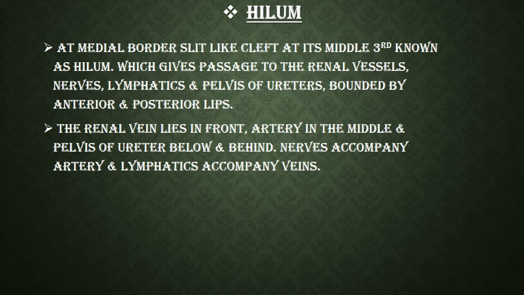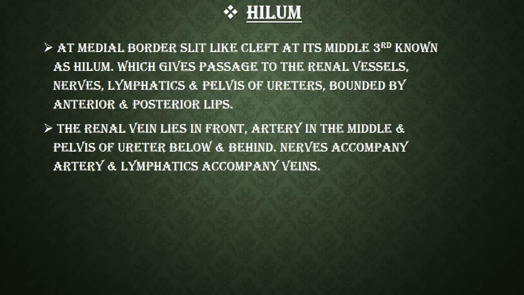Next comes the hilum of the kidney. At the medial border of the kidney, a slit-like cleft in its middle third is known as the hilum, which gives passage to the renal vessels, nerves, lymphatics and the pelvis of the ureter, and is bounded by anterior and posterior lips.